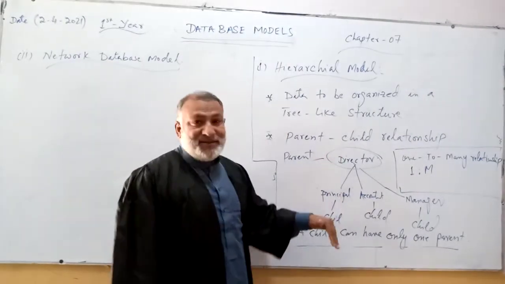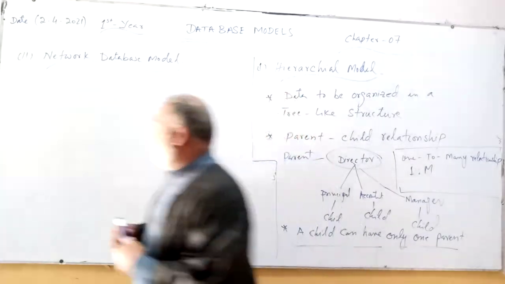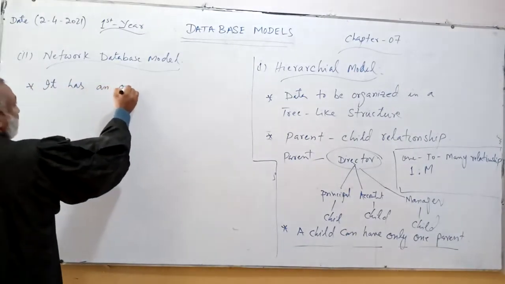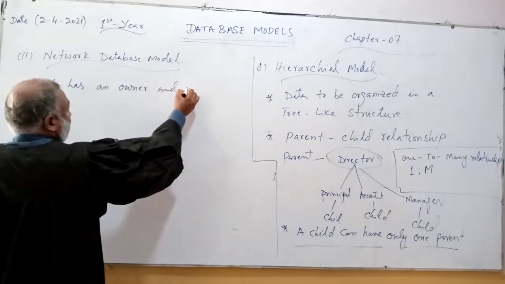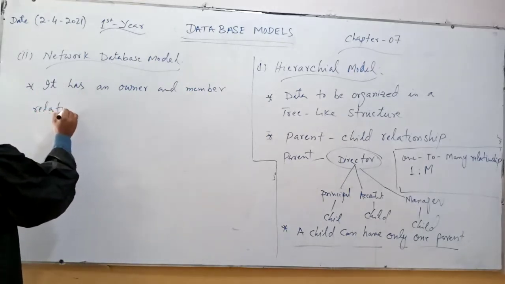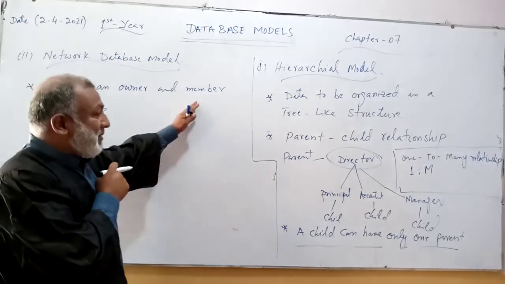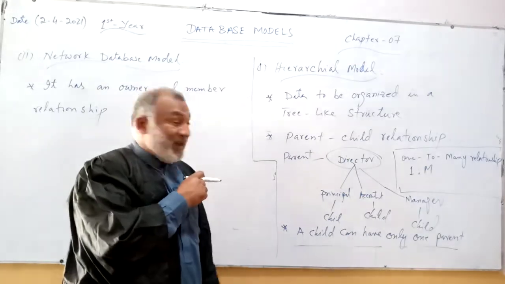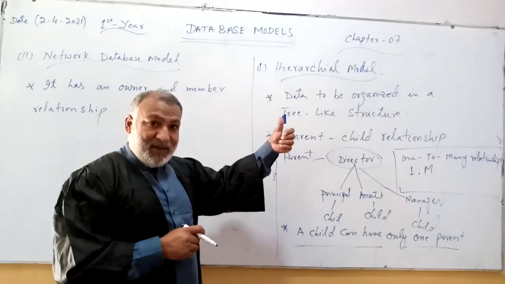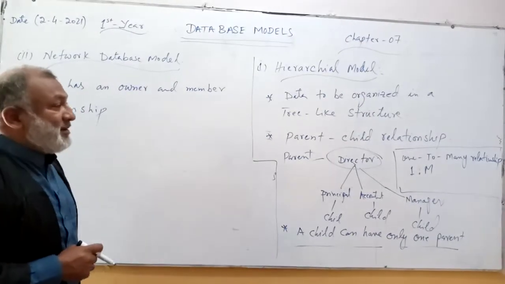Here, where the hierarchical model has a parent-child relationship, in a network model we have an owner and member relationship. The question arises, what is the difference between owner-member and parent-child? In the hierarchical model, one parent can have many children and one child can have a single parent.